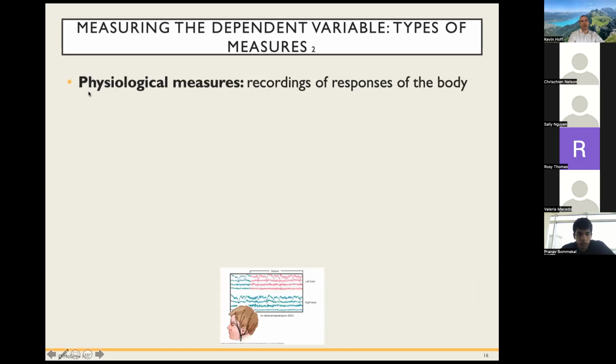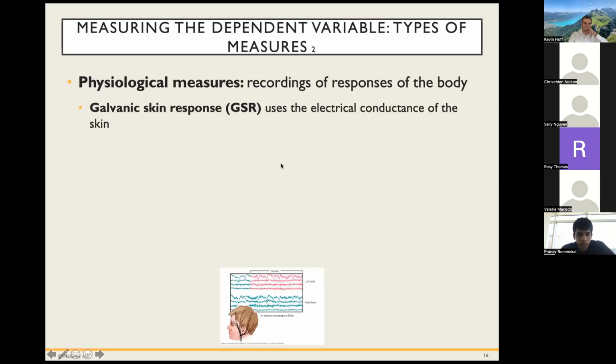So the third main type of measures here are called physiological measures, and physiological just means something related to the physical body. There are various things that we can record about people's bodies that say something about what's going on mentally or emotionally, or that relate to stress and anxiety levels.